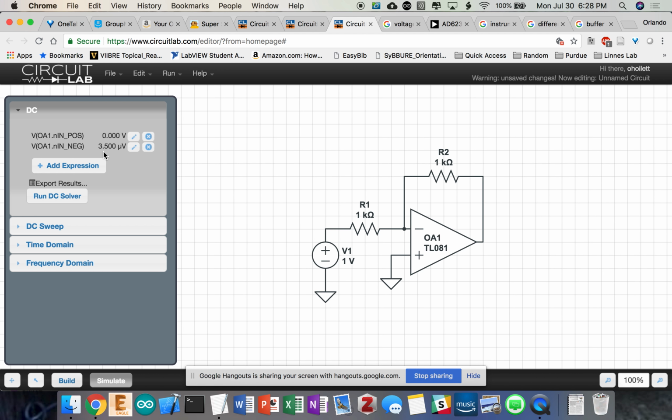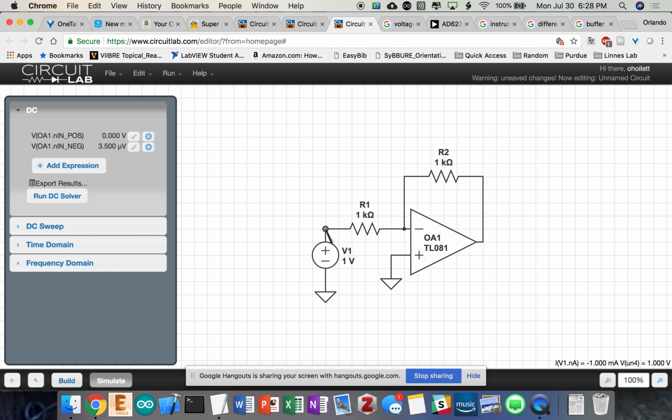This is how an amplifier normally works, and just based on this configuration in particular, you get an inverted voltage. Okay. So you can see that both these inputs are 0 or very, very close to 0. So now if this is 0 or 3.5 microvolts, and this is 1, we're going to get some current flow through this resistor. Do you agree with that?